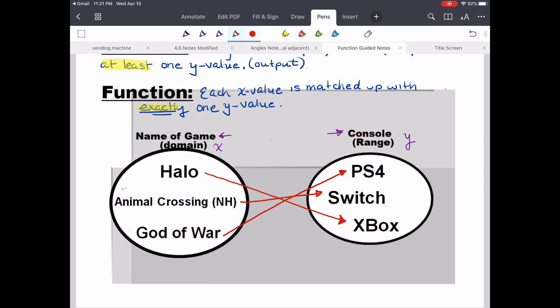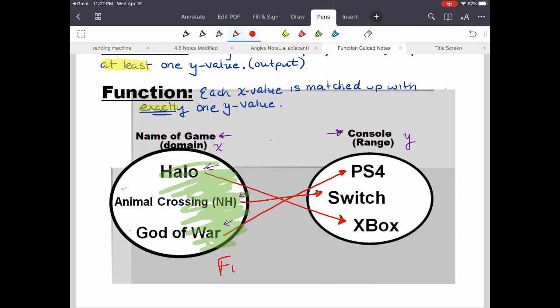And the thing that you might want to notice is if you look at all these arrows, all the vectors that are coming out of the domain, there's exactly one vector coming out of Halo, there's exactly one vector coming out of Animal Crossing, and there's one vector coming out of God of War. So that is definitely a function.